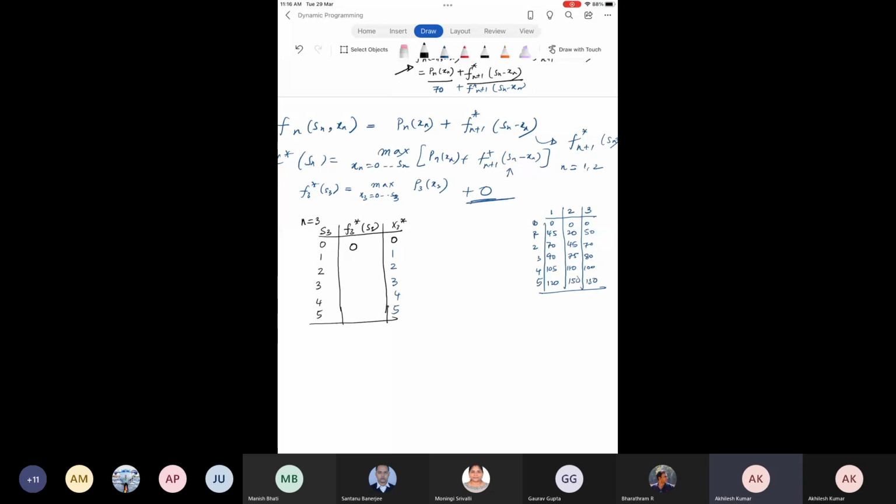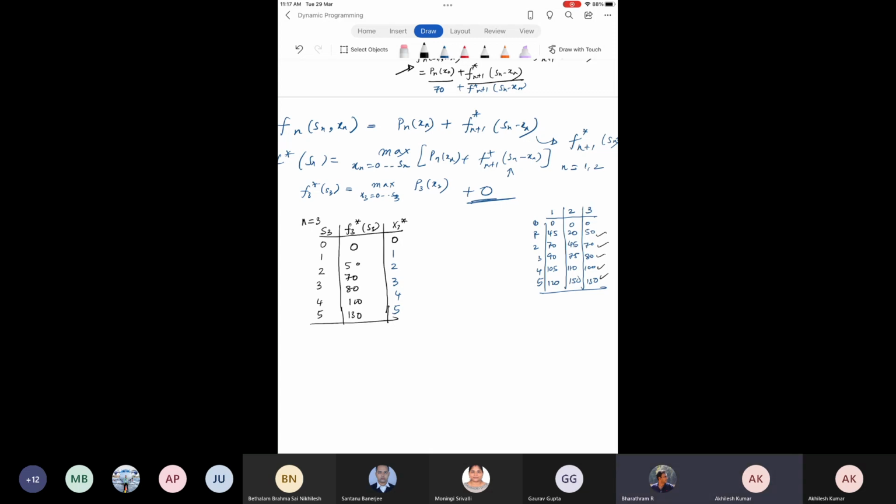Tell me the profit: F3 star S3 is 0, 50, 70, 80, 100, 130. So that is your last stage. Always the last stage is the easy one because you know the final one.